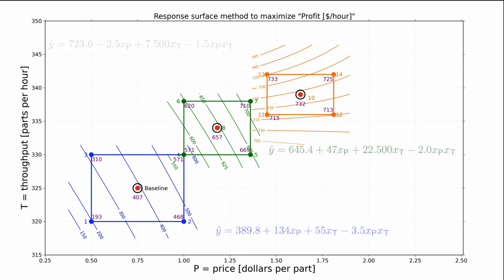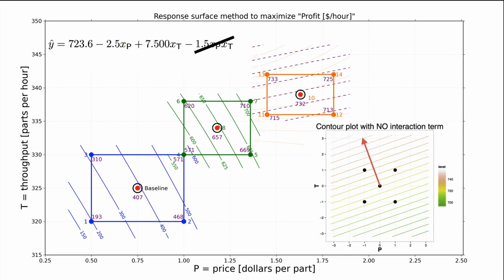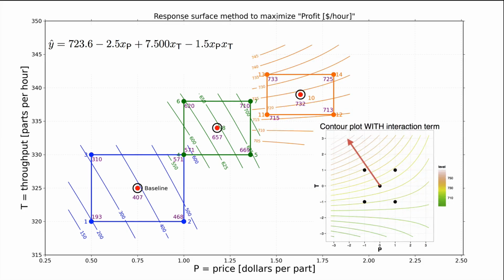In prior models, the interaction term was small. Notice, though, that the steepest ascent method will still send us up in the correct direction if we ignore the interaction terms. The interaction term, if we had accounted for it, would send us in a slightly different angle. But in this example, the discrepancy is not so bad.